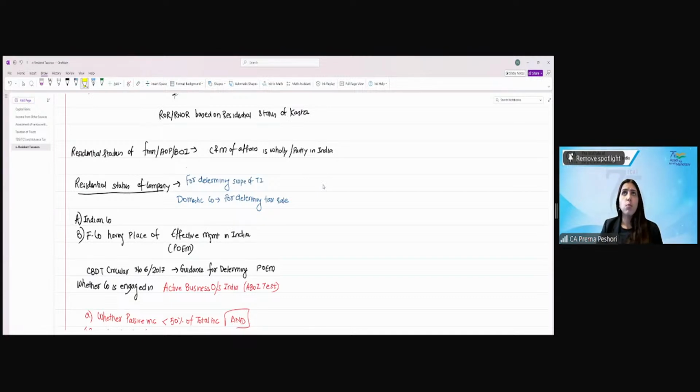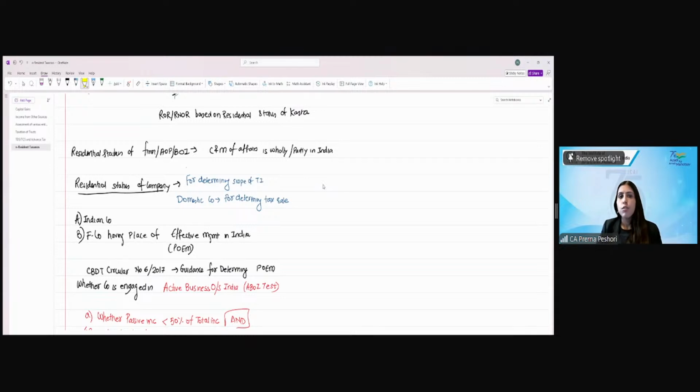Fine, but what is the importance of a resident company versus a domestic company? For a resident company, it is for determining the scope of total income, and for a domestic company, it is for determining the tax rate. Correct.